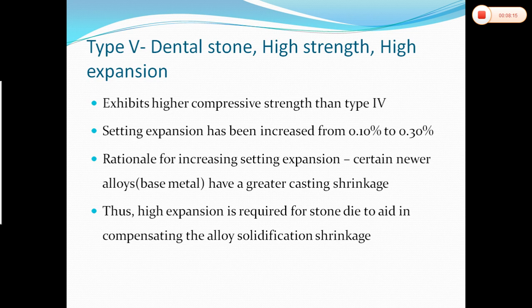After preparation, we make an impression, then pour a cast and prepare a die, a single positive replica of a single tooth, onto which the wax pattern is done. The wax pattern is done to create the normal tooth contours of the final crown.